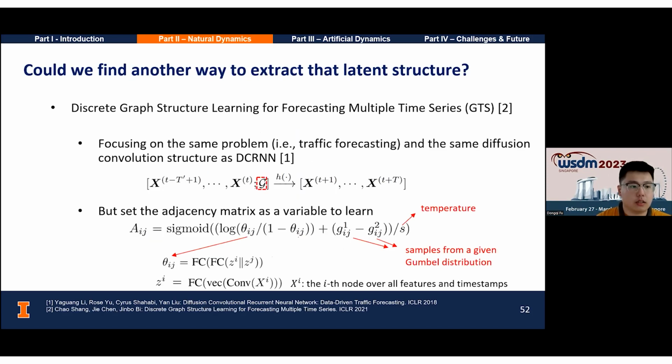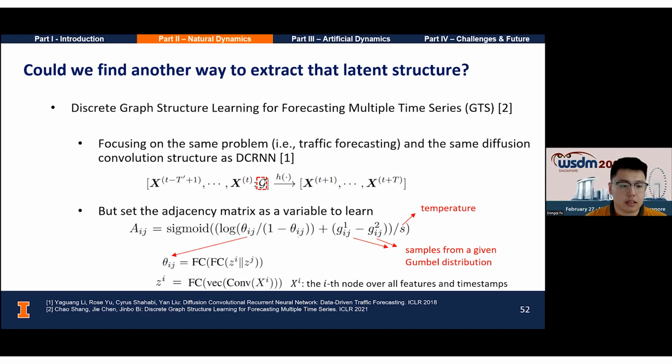To answer this question, we are going to introduce a recent work following the DCRN, which is called Discrete Graph Structure Learning for Forecasting Multiple Time Series, or GTS for short. It focuses on the same problem setting, which is traffic forecasting, and the same diffusion convolution structure as DCRN.